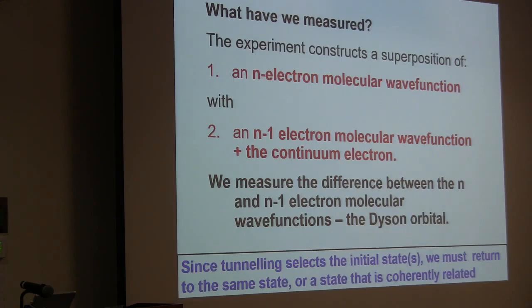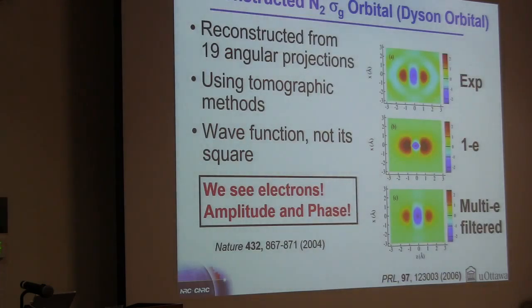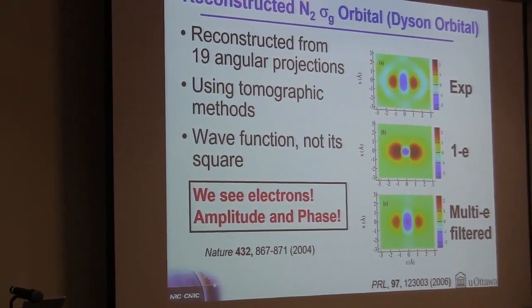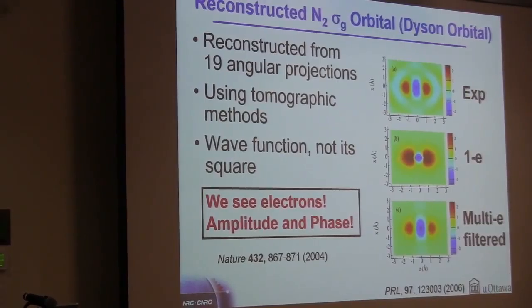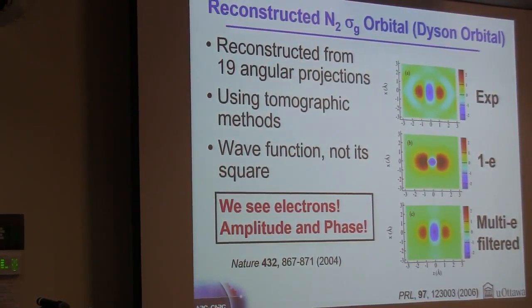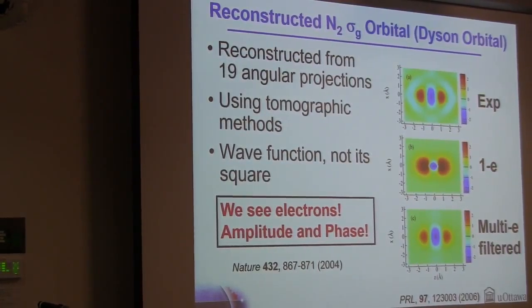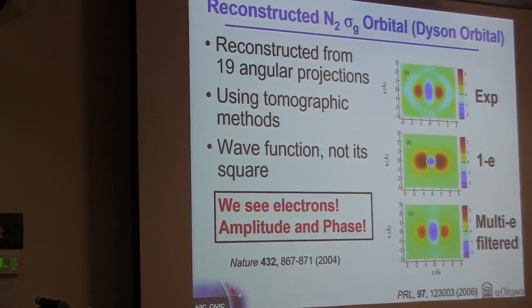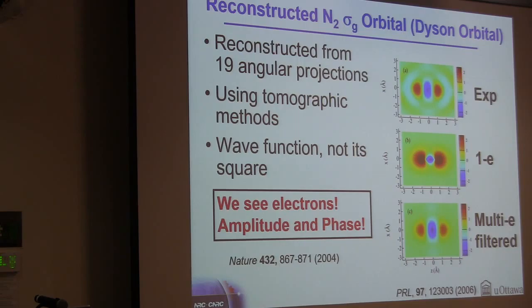Well, I would not say we started out to reconstruct a Dyson orbital. We do a tomographic reconstruction from the data I showed you. We were a bunch of physicists, not really into Dyson orbitals. We just saw almost single-electron behavior, but of course we were immediately confronted with the issue of what we really measured.